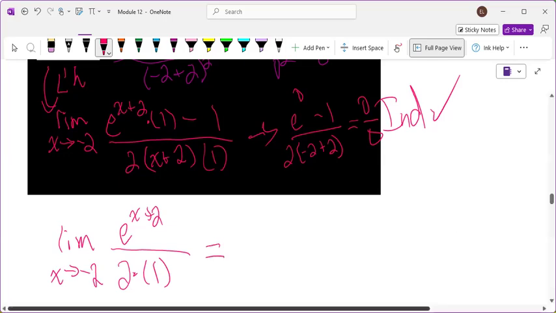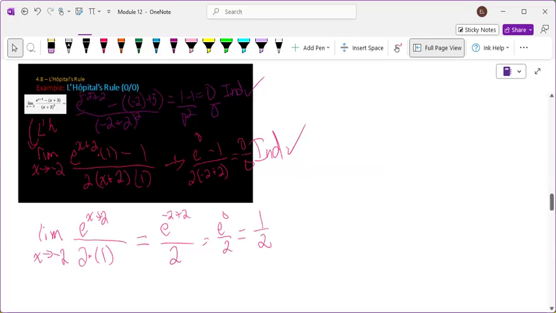So now when I plug in the -2, we get e to the -2 plus 2 over 2, e to the 0. So we get 1/2. So depending on the function, we can apply L'Hopital's rule more than once to evaluate a limit. And this right here is like picture perfect classic test question.